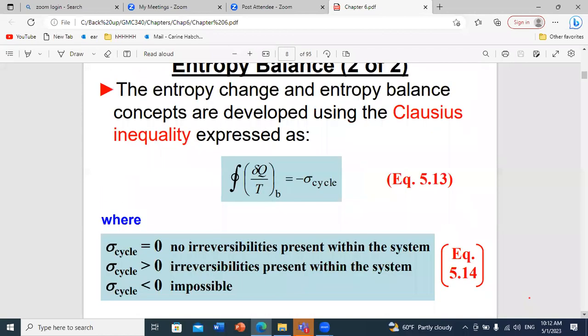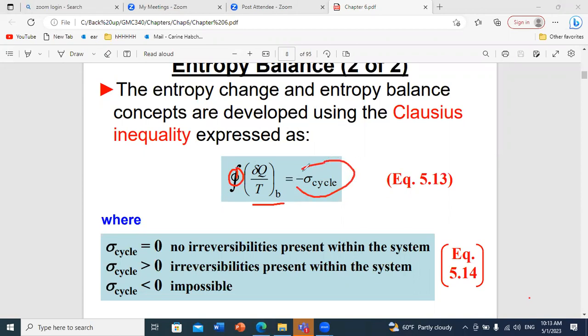Now, let us try to link entropy to the Clausius inequality. We have seen in the previous chapter that if I have a cycle, and whenever you see this symbol, this means that you are doing the integral over the cycle. If you integrate over the cycle, del Q over T on the boundary of your system, you obtain a certain number.